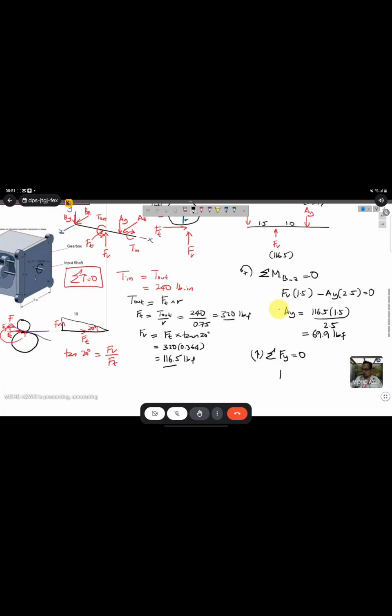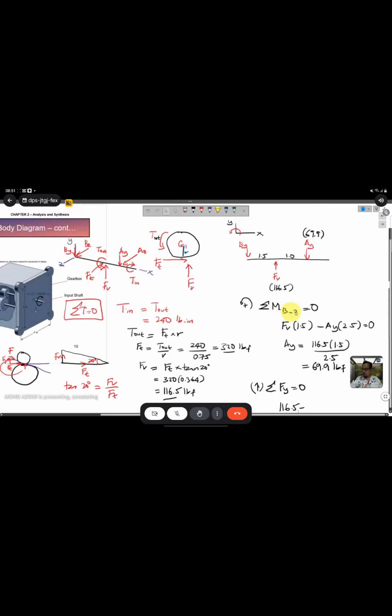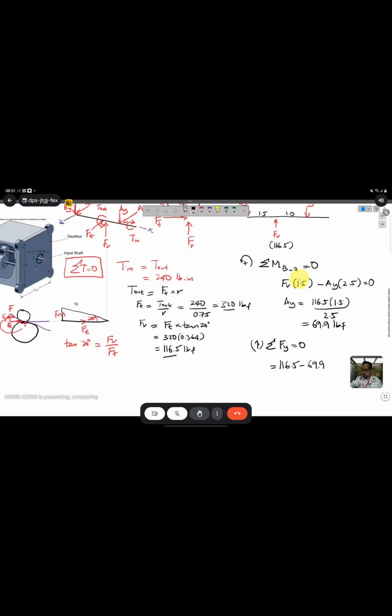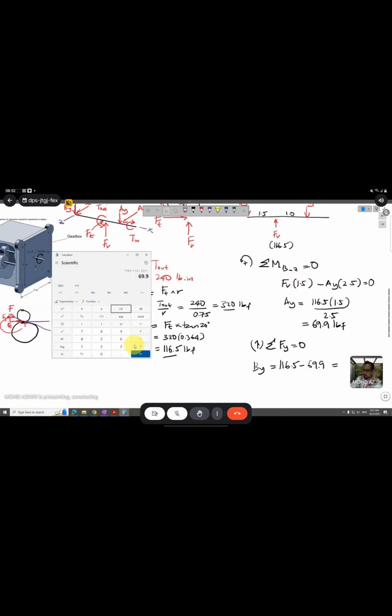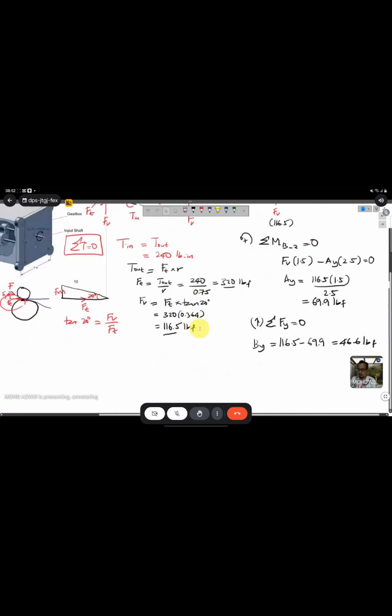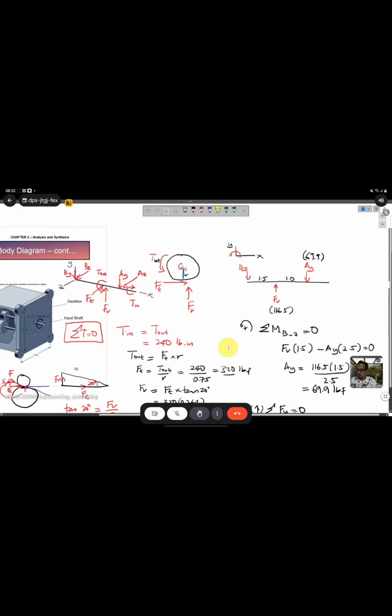So 116.5 minus Ay, Ay is 69.9, and then you will get your By, which is 46.6. So you already complete the Y-X axis.